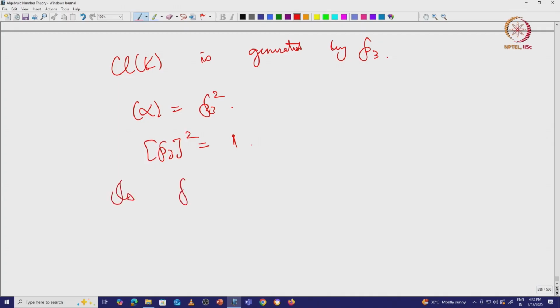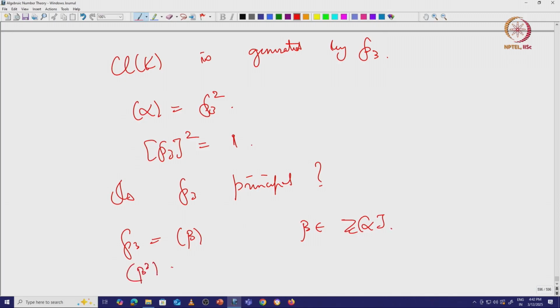So, is P3 principal, right. And so, let us say P3 is generated by some beta in Z alpha. Then what do we get? We get beta square is the ideal generated by P3 square, which is also generated by alpha, right.